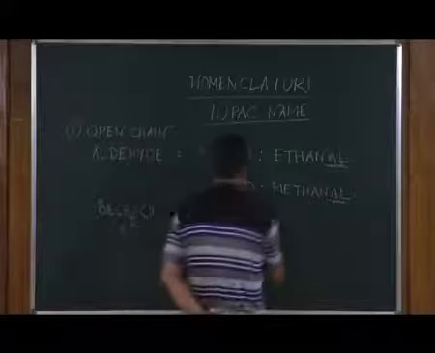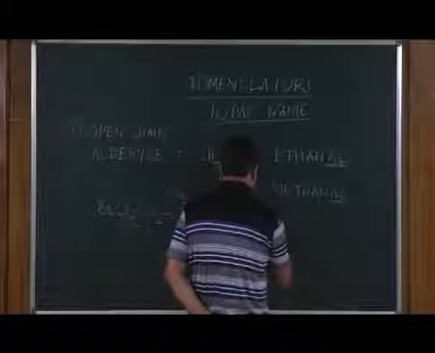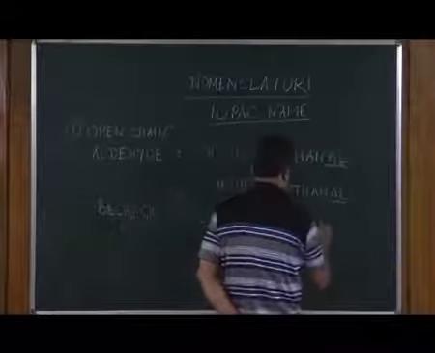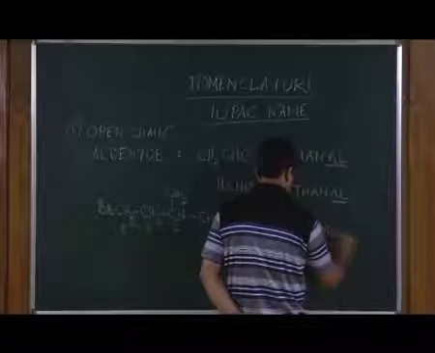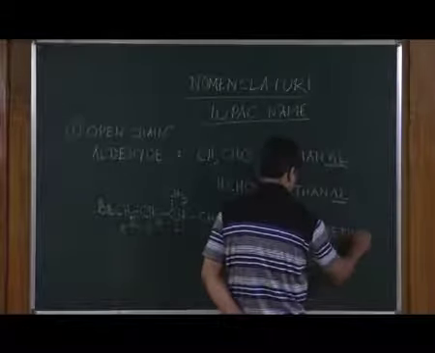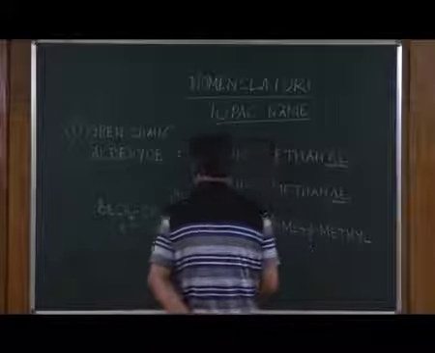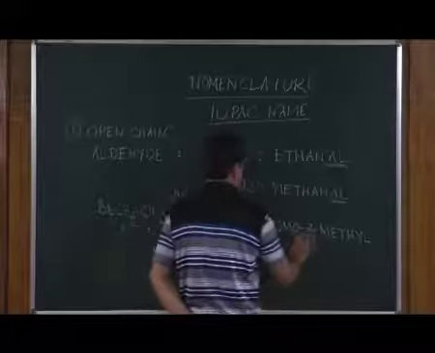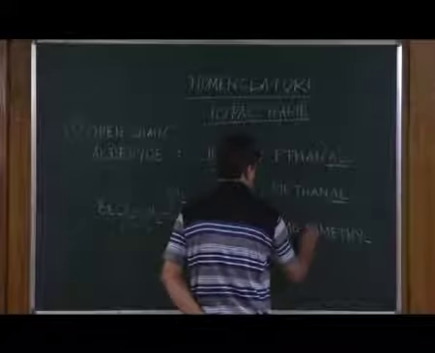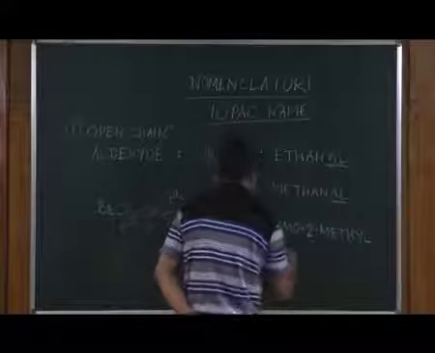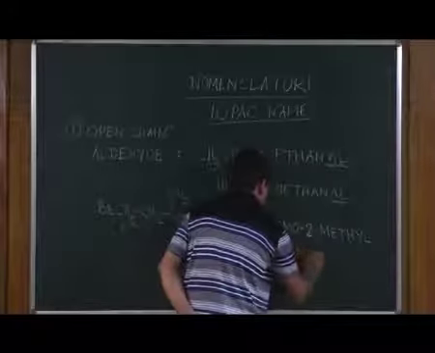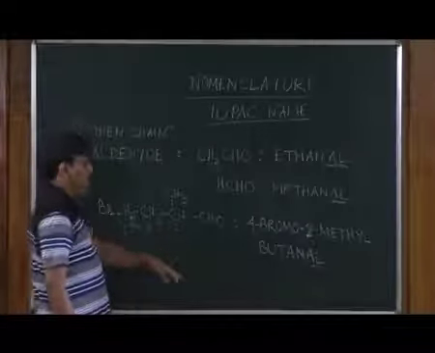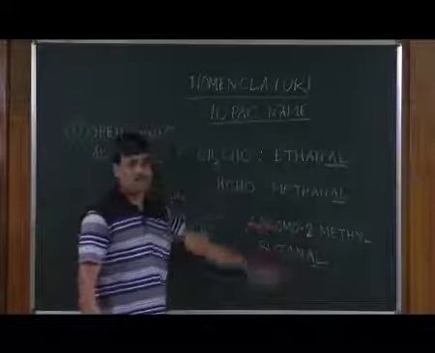So, you have to write first 4-bromo, then this is 2-methyl. The parent chain is butanal, so you have to write it at last and first the substituents.